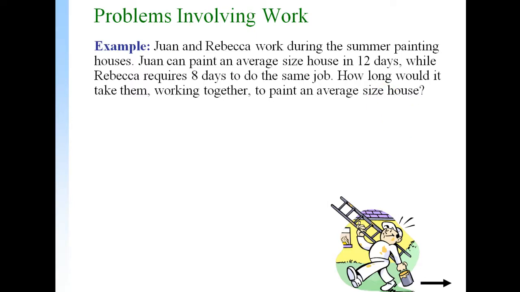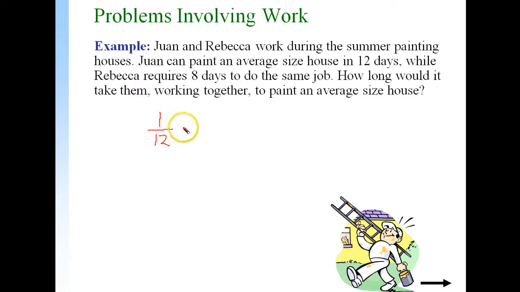Well, for work problems, there is a sort of a general formula, and it's something like this. So what will Juan's average be per day? He can get 1/12 of the house done in one day.